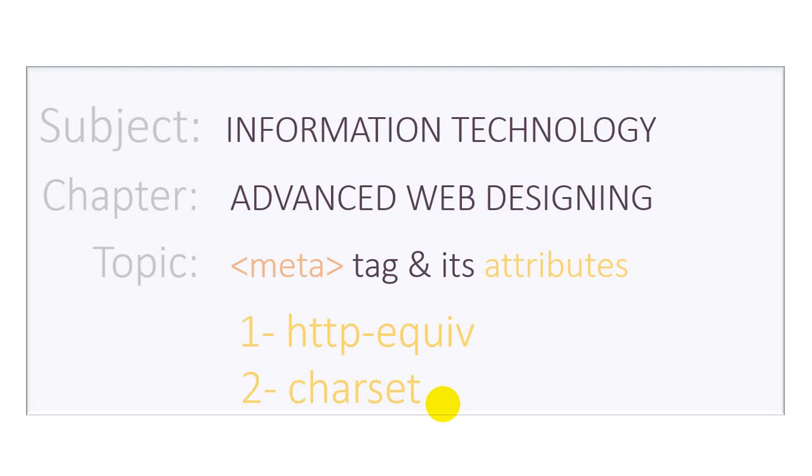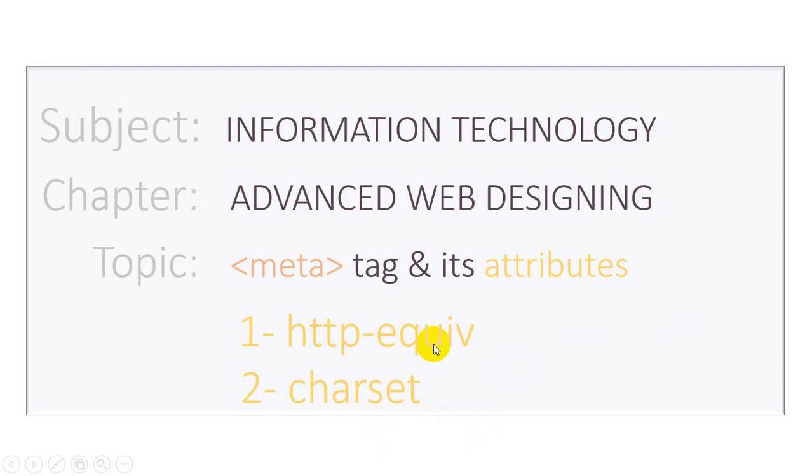UTF-8 supports all types of characters. We have a number of languages which work on the World Wide Web, so all the symbols, characters, numbers and digits are supported by UTF-8. Most or all countries are using UTF-8 in HTML5.